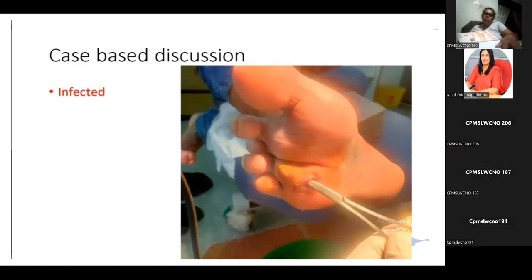So which part of the dressing is antimicrobial? Primary, secondary, or tertiary? To remind, I have spoken about primary, secondary, and tertiary dressings.